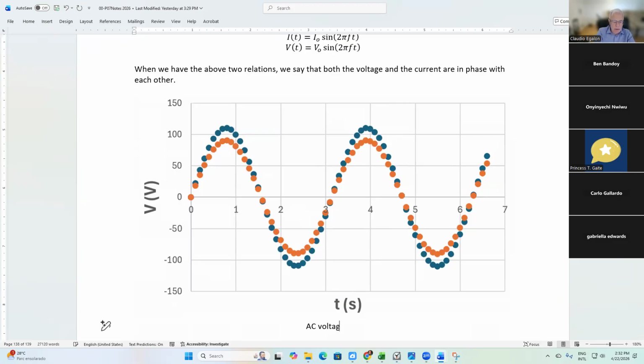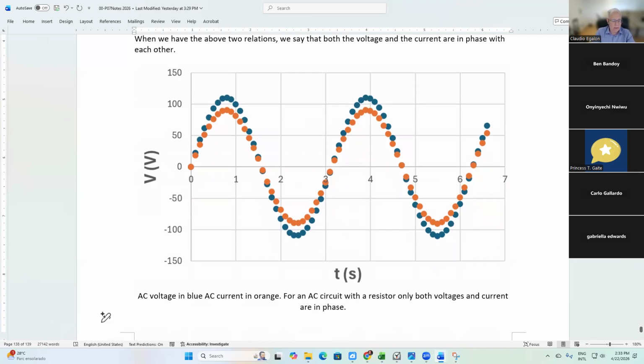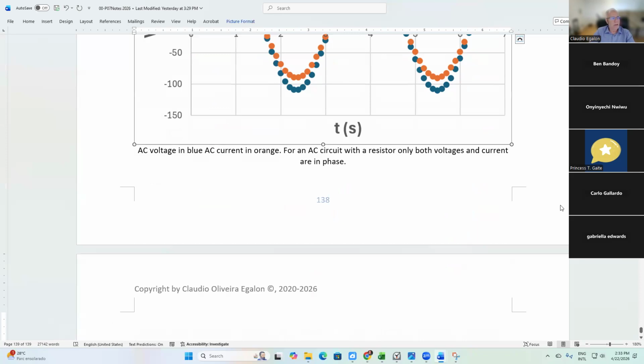AC voltage in blue, AC current in orange. For an AC circuit with a resistor only, both voltage and current are in phase. Okay, are in phase.